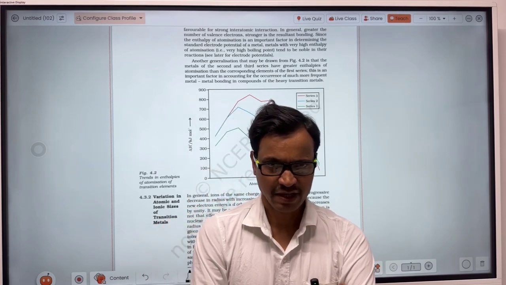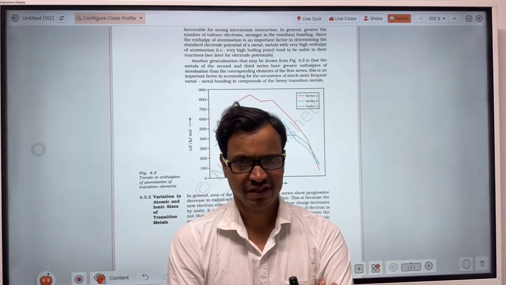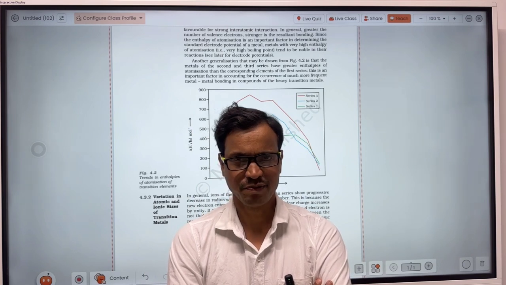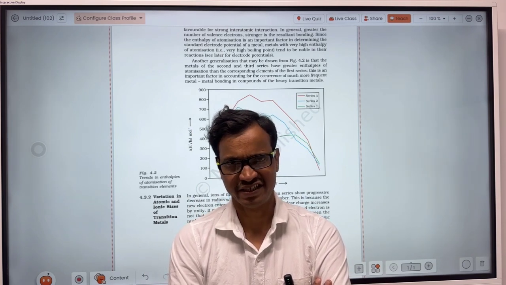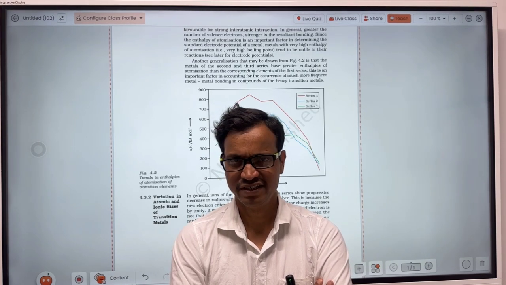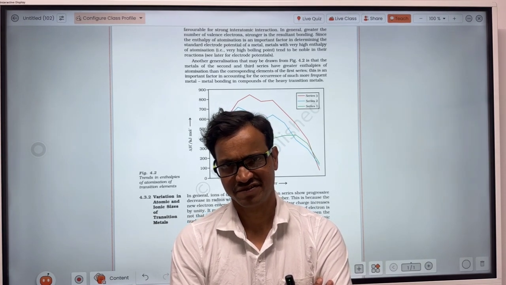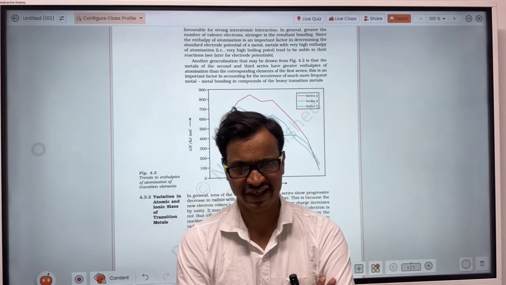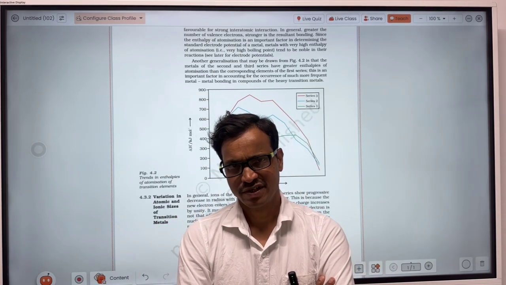And in enthalpy of atomization, if the constituent particles are bonded tightly, then a greater amount of energy will have to be provided to separate the atoms.